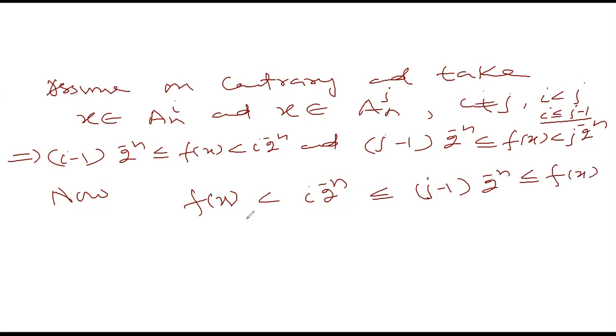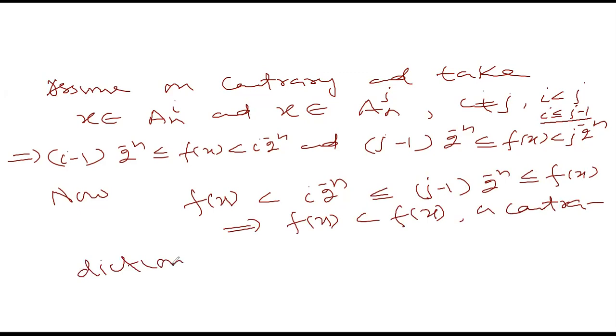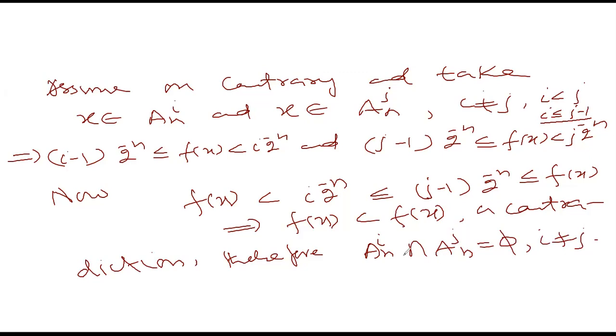So it means that f(x) is strictly less than f(x), a contradiction. So therefore they are disjoint. Therefore A_{n,i} intersection A_{n,j} is phi for i not equal to j.